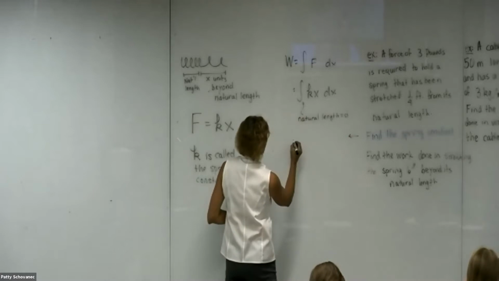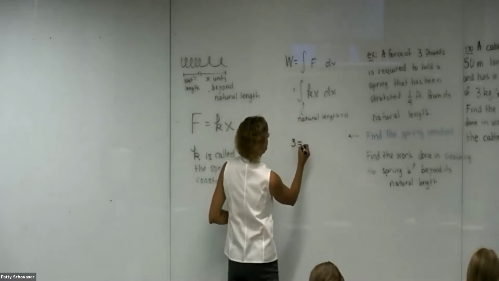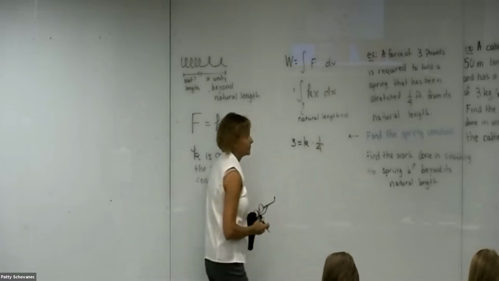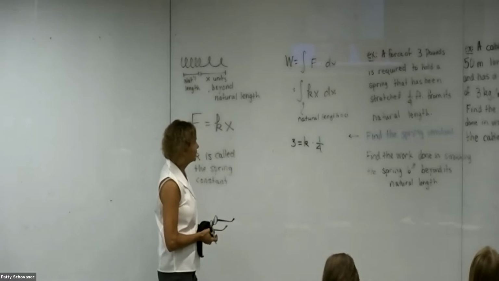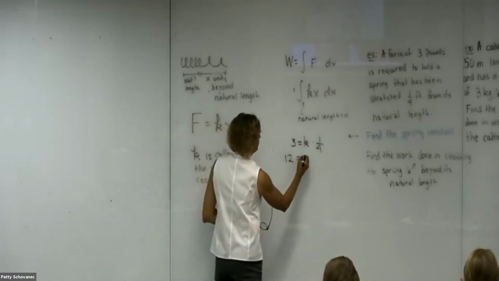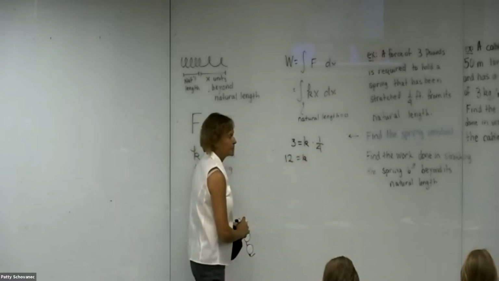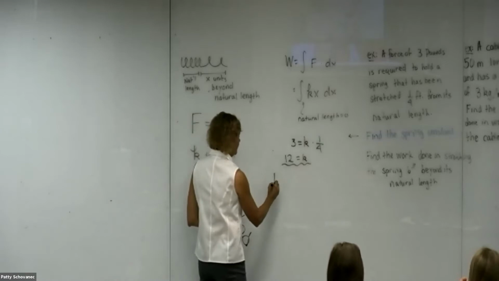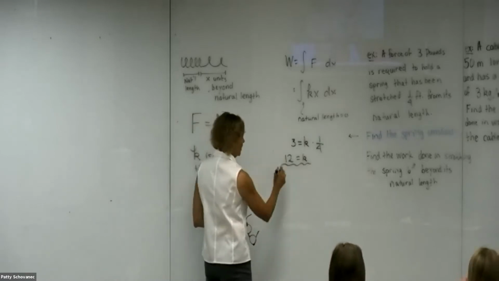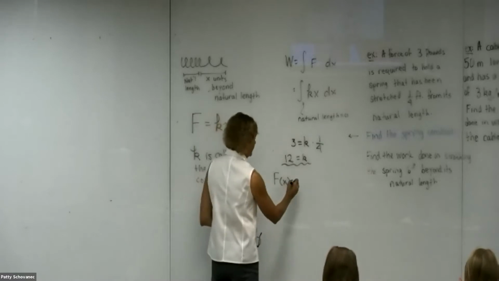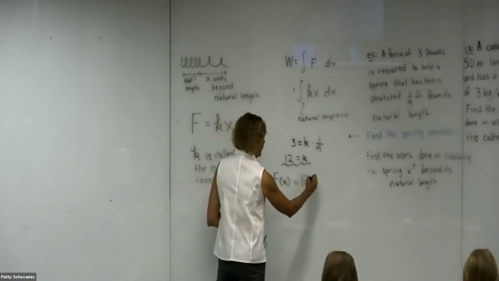The force is 3 pounds, k is what we're looking for, and the distance is 1/4 foot. Multiplying both sides by 4, k is 12. There's the spring constant. So now I know that force throughout this entire problem, as a function of distance beyond natural length, is k times x.